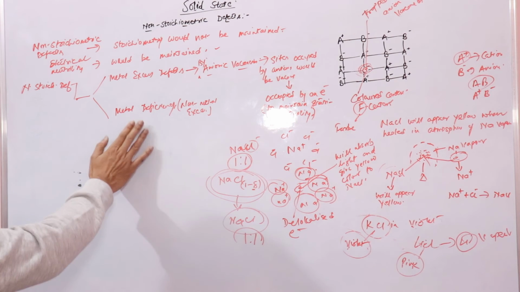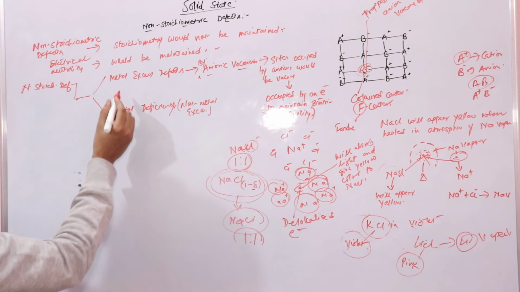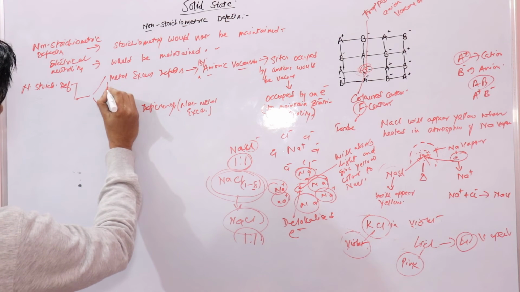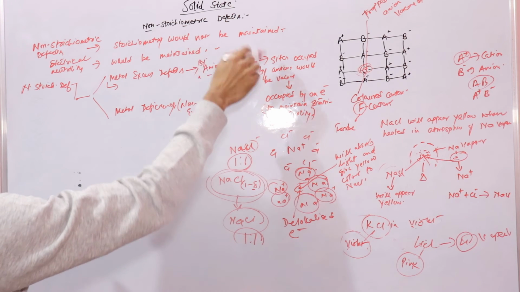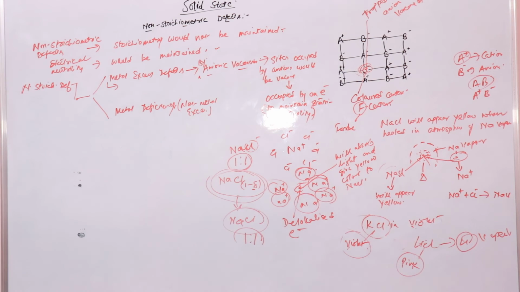Now we move on to the other kind of defect, which is your metal deficiency defect, right? Not metal deficiency, we have another type of defect here. This is your Schottky-like defect, which is generated due to anionic vacancy, right?